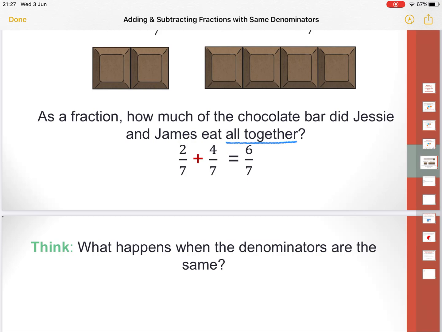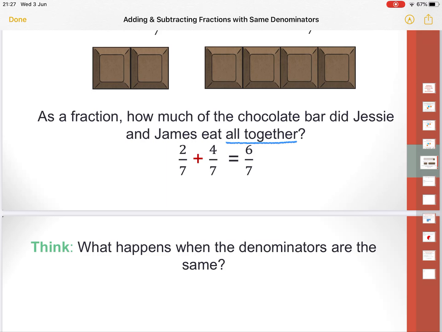Now, there's a question. Think, what happens when the denominators are the same? So 2 sevenths plus 4 sevenths, if I look at the above example, if I add Jessie's 2 parts and James's 4 parts, I end up with 6 parts in all. But those are 6 parts out of 7. So what happens when the denominators are the same?